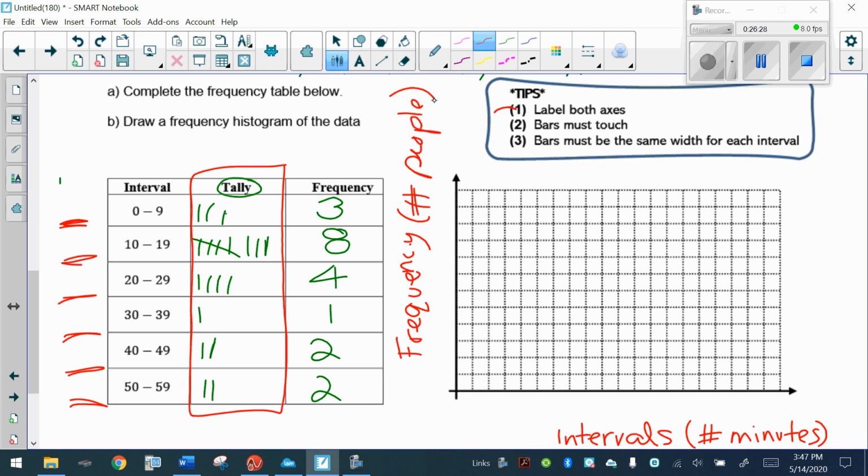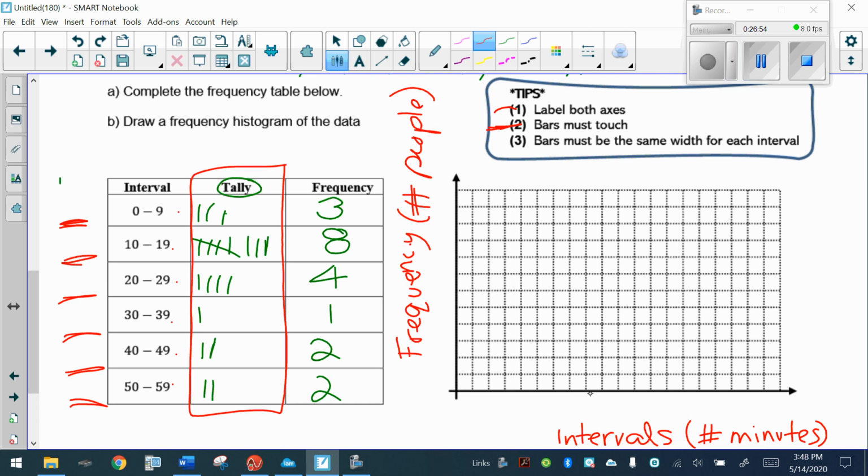All right, now we have to decide how thick our bars should be. And tip number 2 says the bars must touch. So you have to have the bars touching in a histogram. So we need 1, 2, 3, 4, 5, 6 bars. And if I had to guess, this probably is 20 long.